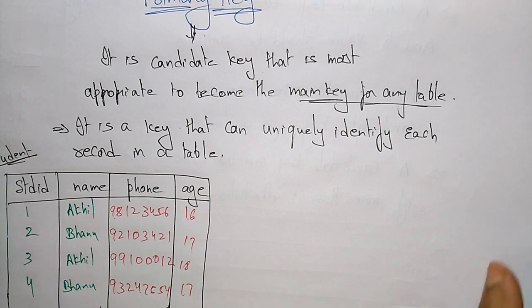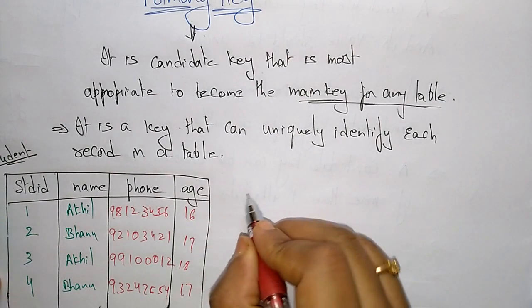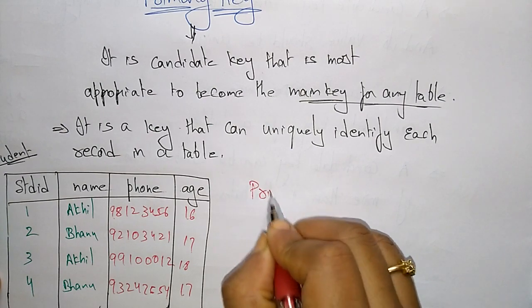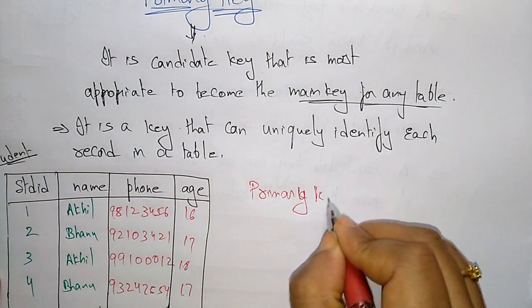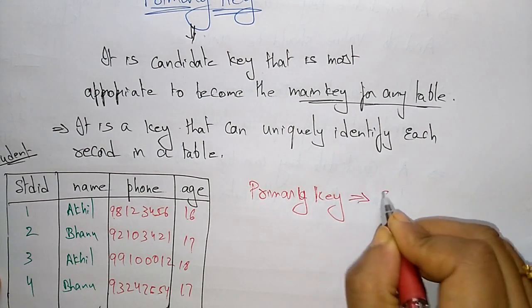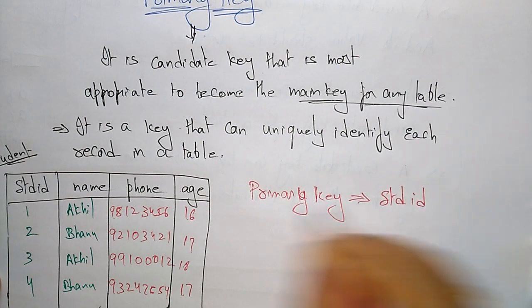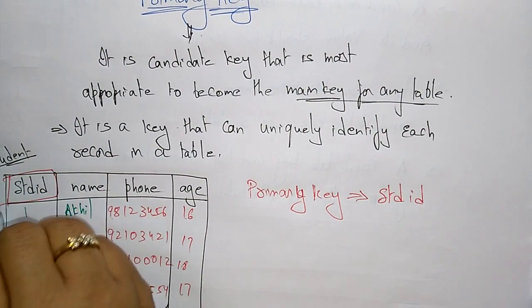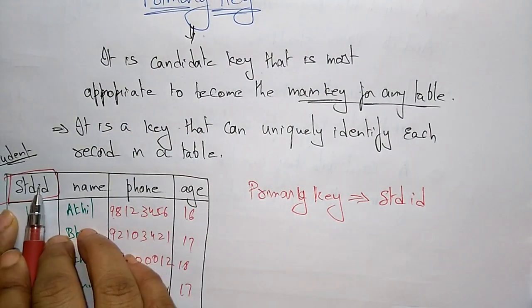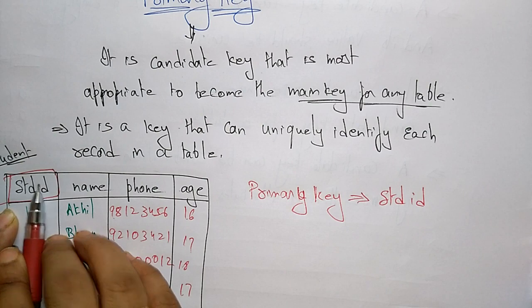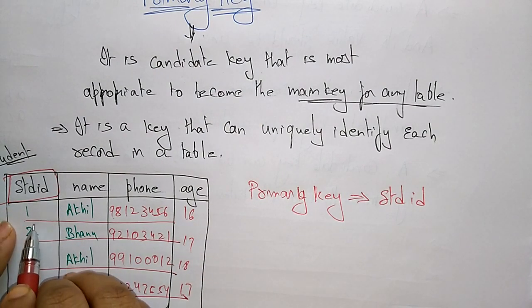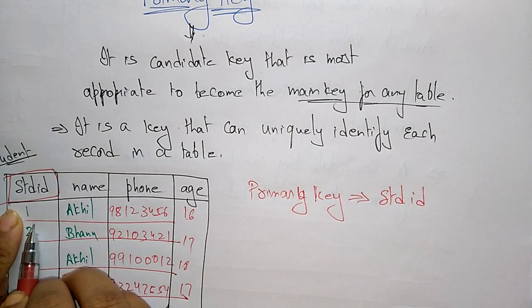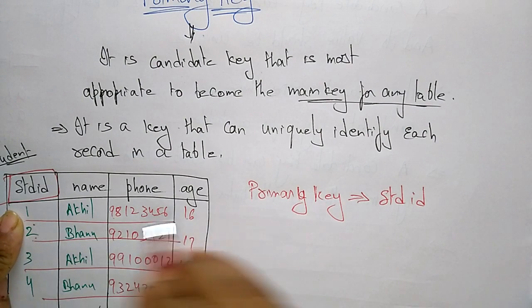So here what is the primary key? Here the primary key is student ID. This is the main key, which is used to identify each record uniquely. Only with the help of the student ID can I fetch each person's record.